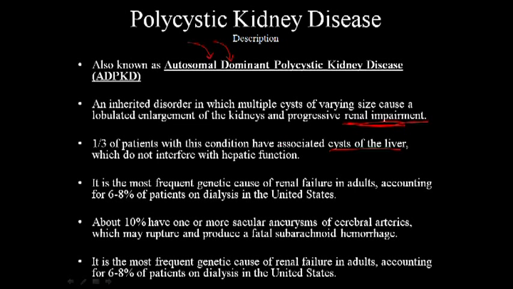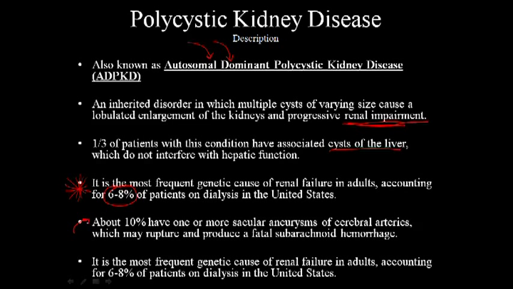It is the most frequent genetic cause of renal failure in adults, and so that's something to keep in mind. That for patients, that's one of the underlying causes of renal failure, and it accounts for 6 to 8% of patients on dialysis in the United States. So 6 to 8% of patients, specifically on dialysis, are the result of polycystic kidney disease.